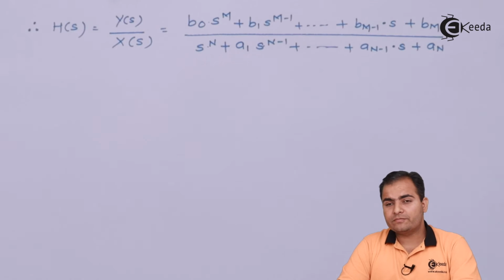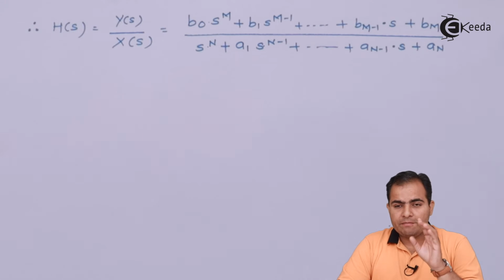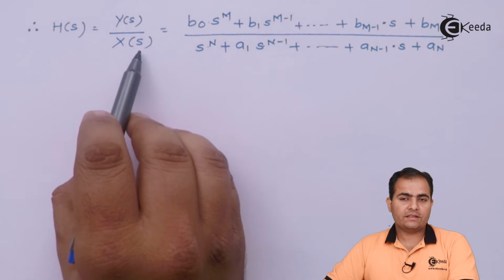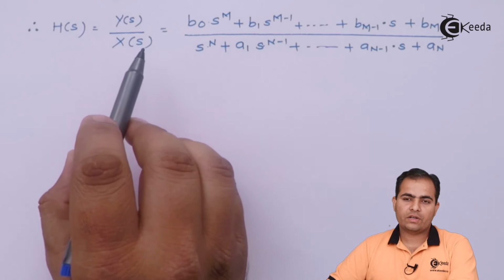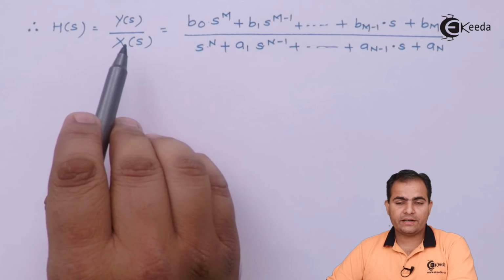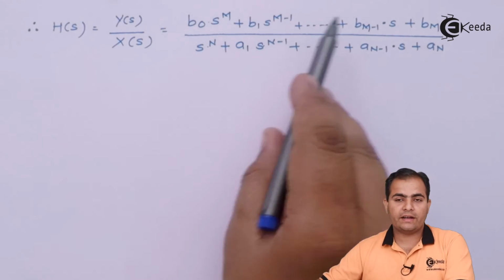Then what is the next? Next one is they may ask you to find out impulse response. Impulse response means what? If the impulse response is asked, then we have to assume input, which is my x of t, is nothing but my delta t, or the impulse function. So simply consider this x of t as delta t, take the Laplace transform of it and just simply multiply it on the right hand side.